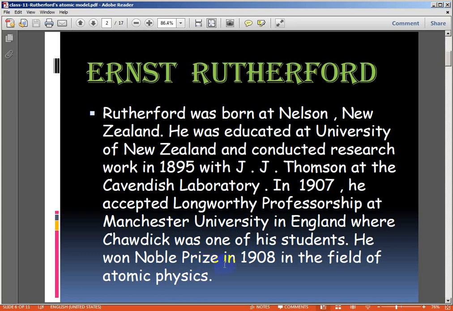He won the Nobel Prize in 1908 in the field of atomic physics.